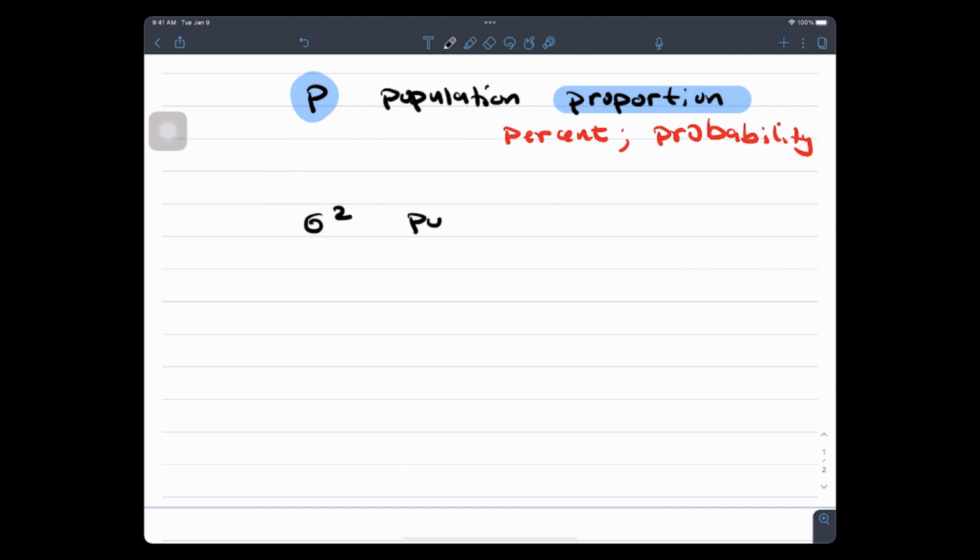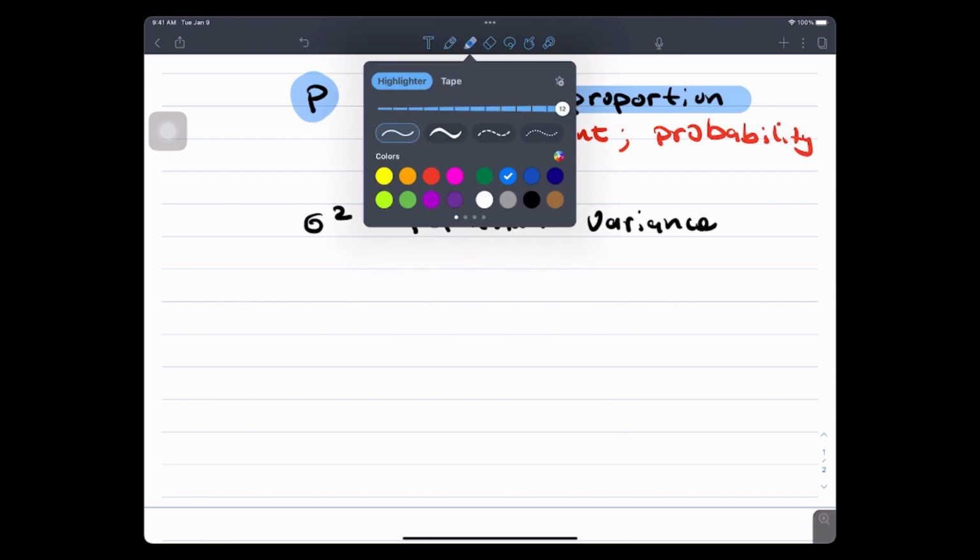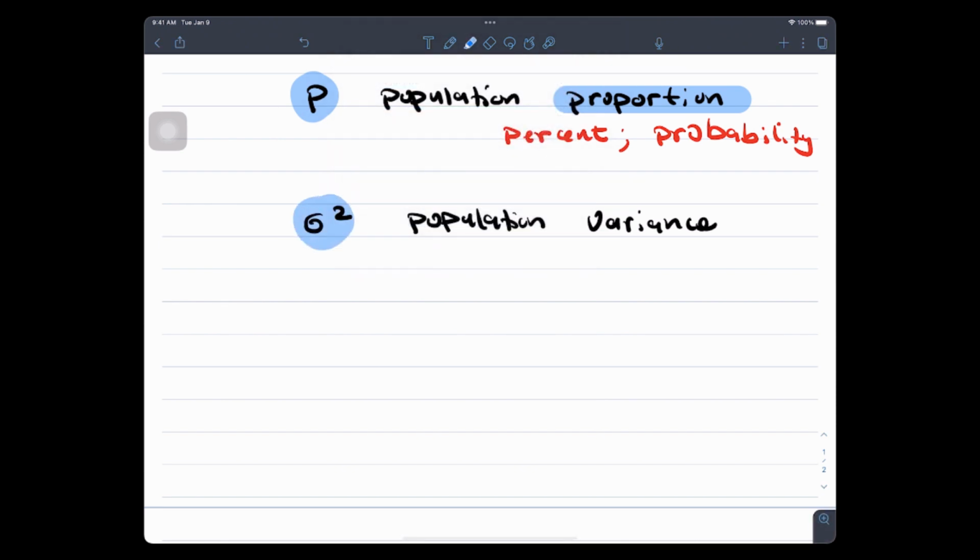Sigma squared, you got population variance. So you might remember that symbol. Sigma squared is the variance. Is that right? And then what is sigma? Do you guys remember? That's lowercase sigma. What's this? Population what? Standard deviation.